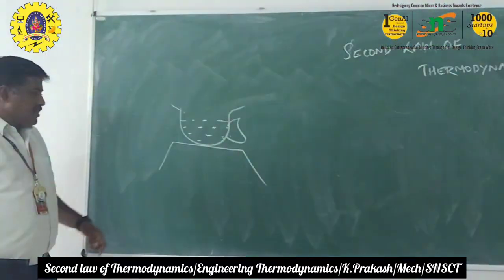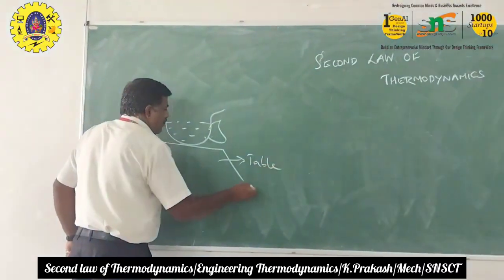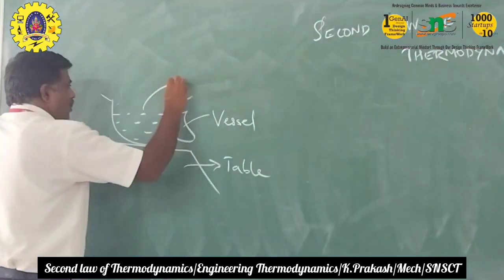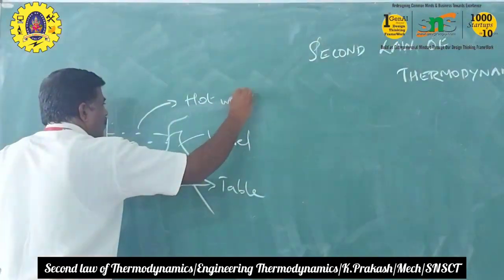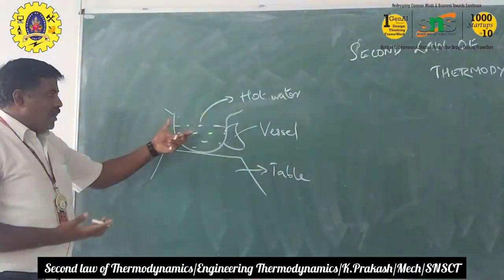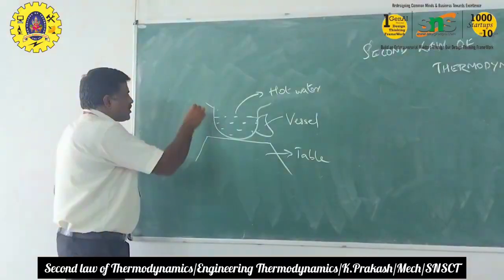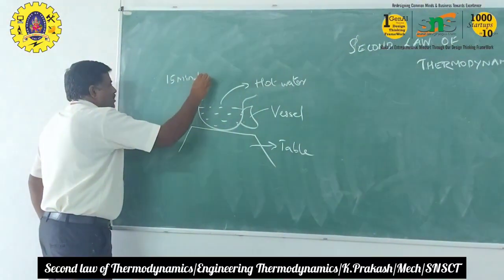So let us have a small example. This is a table where we have a vessel with hot water. We are keeping hot water in a vessel on a table and leaving it for 10 to 15 minutes.